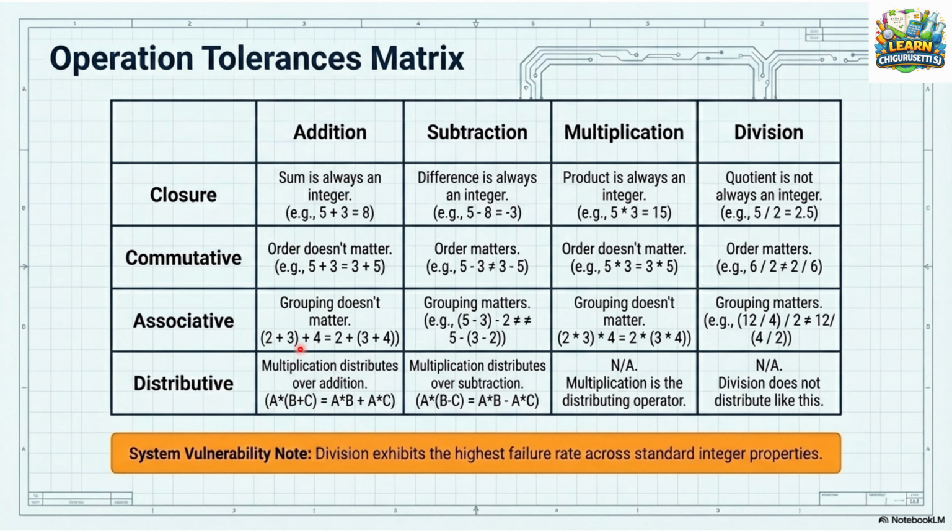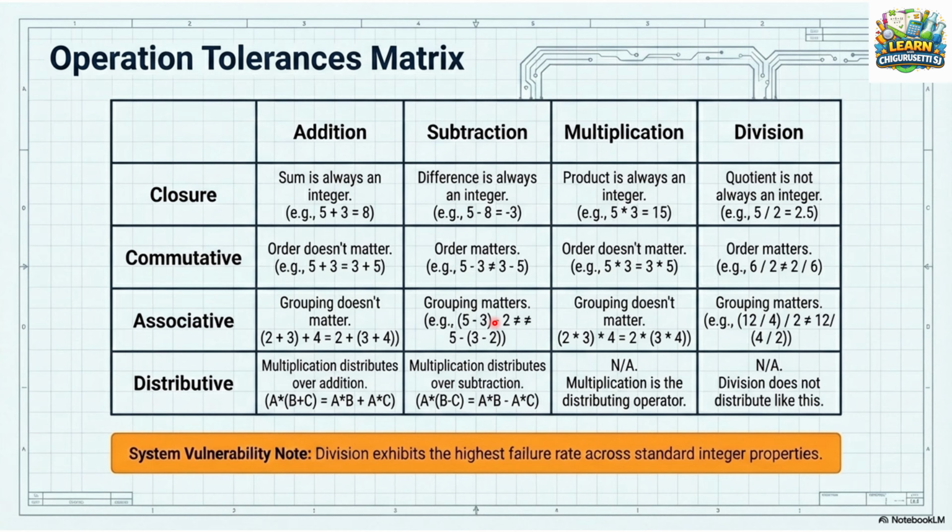And in associative, here also if you do, you'll get the same answer. For example, 2 plus 3 is 5, 5 plus 4 is 9. And if you add the other way, 3 plus 4 is 7, plus 2 is 9. So in the left hand side we'll have 9, and in the right hand side also we'll have 9. As both are the same, this addition satisfies.